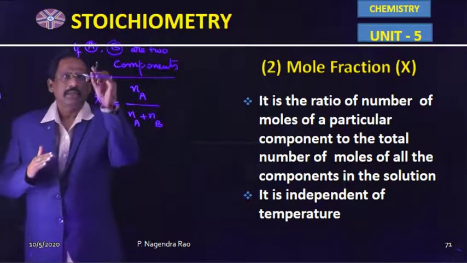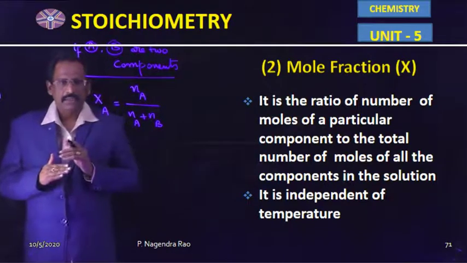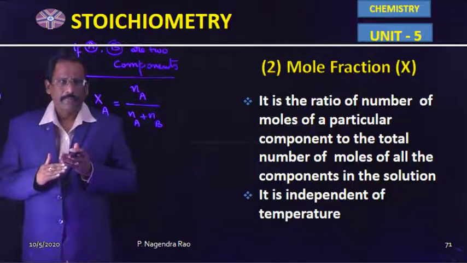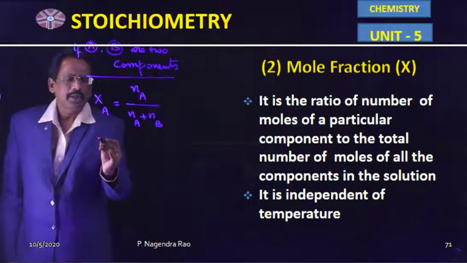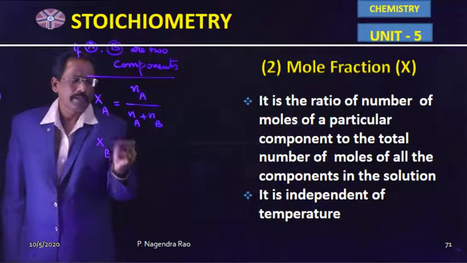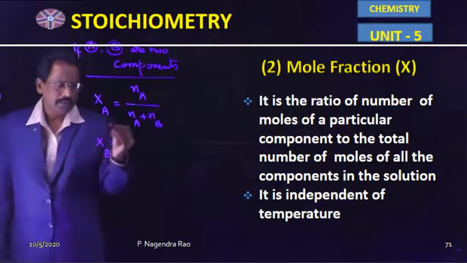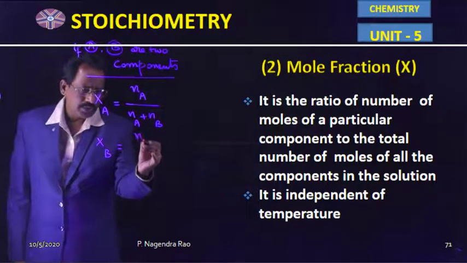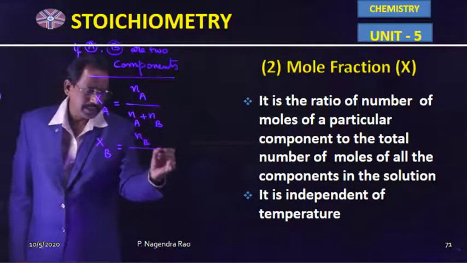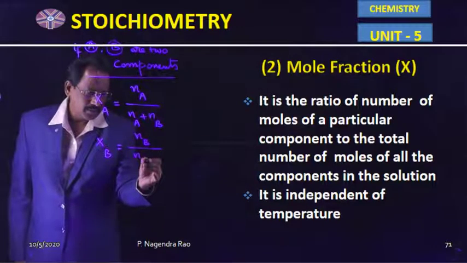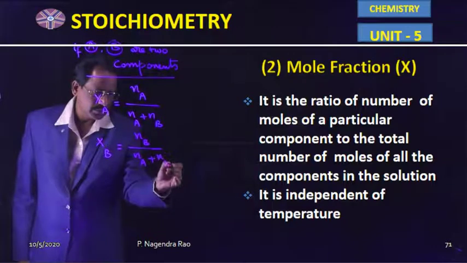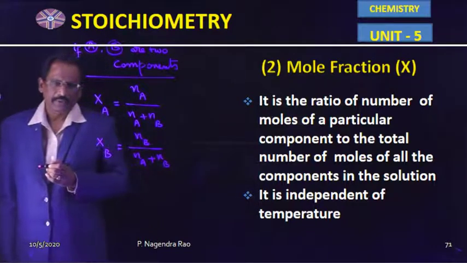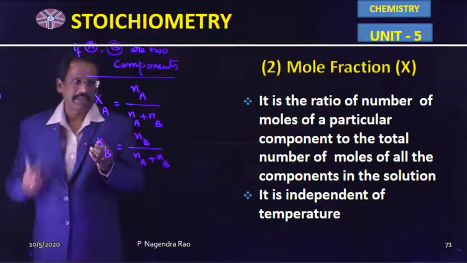Here there are two components, A and B. So the mole fraction of the second component, Xb, is equal to the number of moles of that component divided by the total number of moles of these two components. So this is a very important formula.